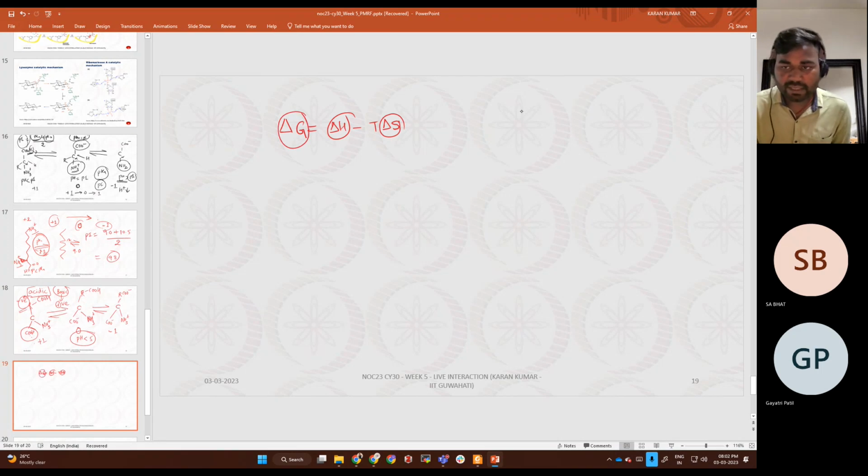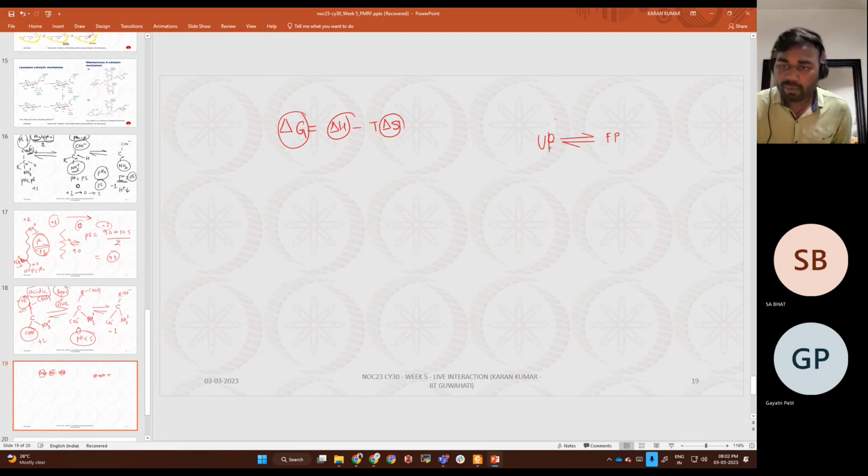Now the other equation is related to the equilibrium constant. Why equilibrium constant? When you are studying a reaction, an enzyme-substrate reaction or protein folding, let's talk about protein folding. You have a protein P in the unfolded state, which goes to the folded state.